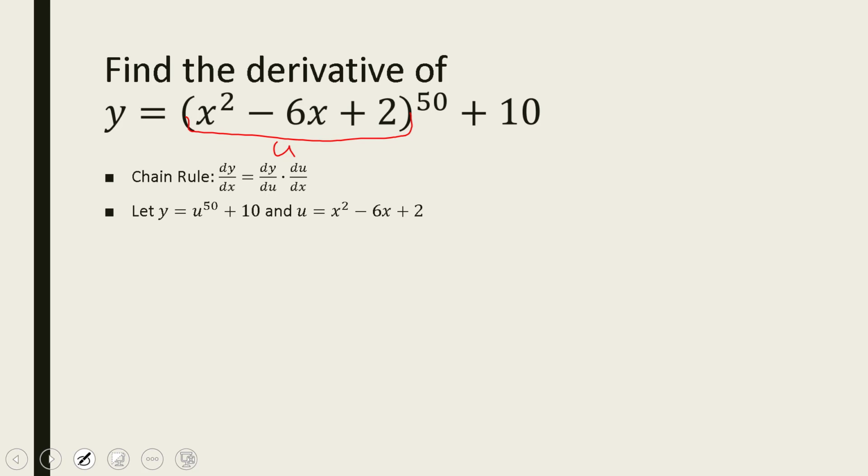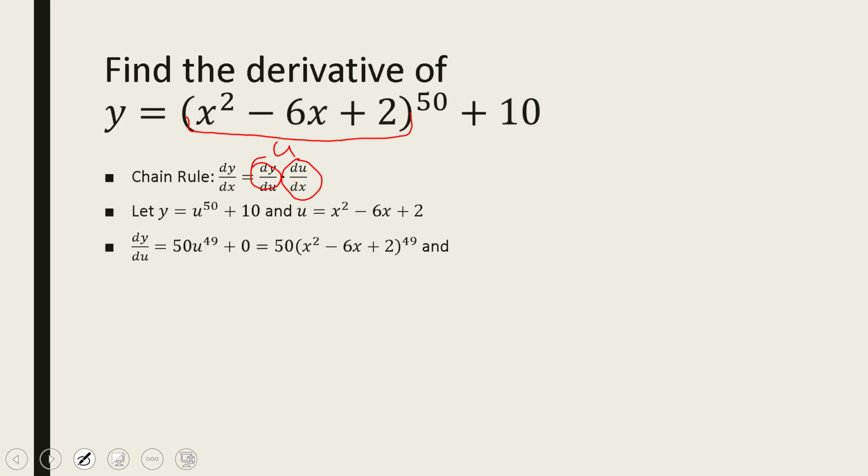And then u is just that whole expression, x squared minus 6x plus 2. Let's find the derivative of y with respect to u, and also the derivative of u with respect to x. So the derivative of y with respect to u, drop the power down, you get 50u to the 49th power plus 0, because the derivative of 10 is 0.